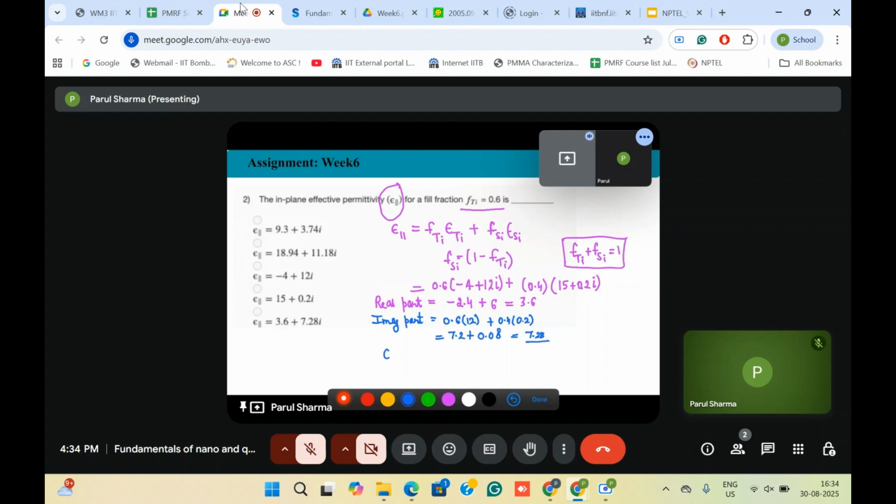So the overall permittivity in the parallel direction is 3.6 plus 7.28i. So the correct option is the last option.